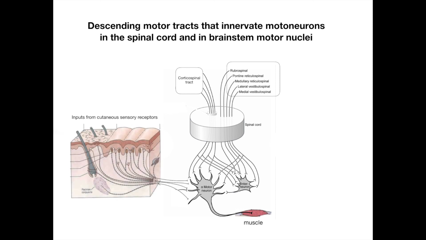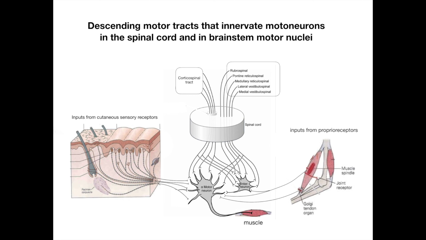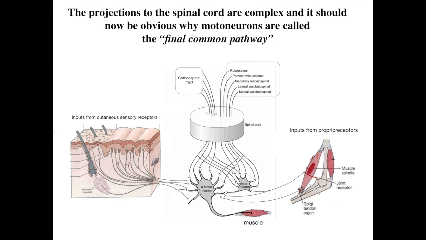Remember, there are a large number of inputs from the various cutaneous receptors in the skin and from the proprioceptors in muscles, tendons, and joints. In short, the projections to the spinal cord are complex, and it should now be obvious why motor neurons are called the final common pathway.